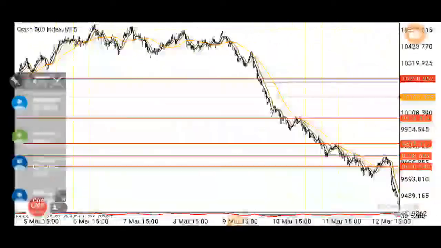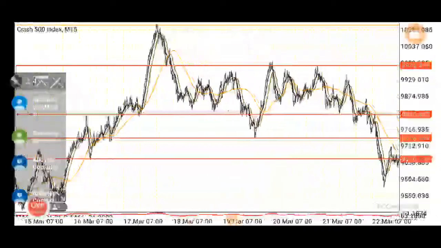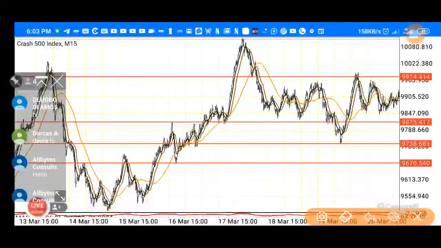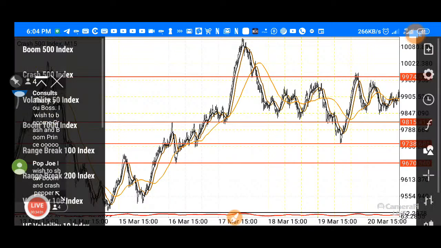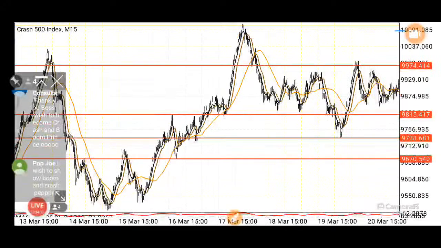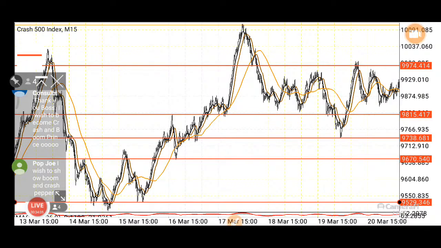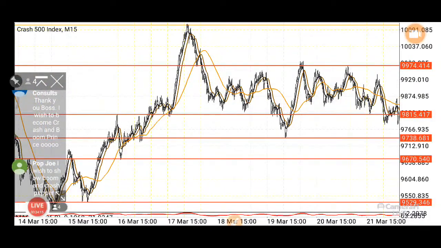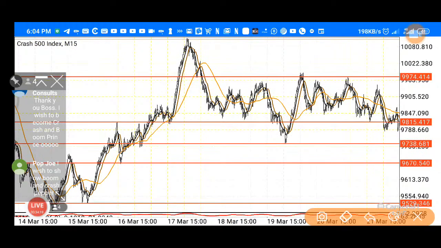Okay, this one is touching this support and also this resistance, and there's still resistance on it over here also. So let's continue. Let's place this one here. We have, that's a support zone. So let's assume the current market is here.